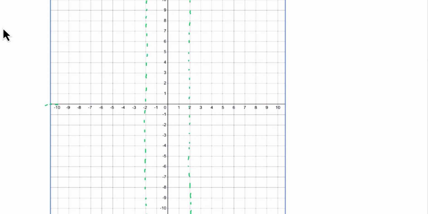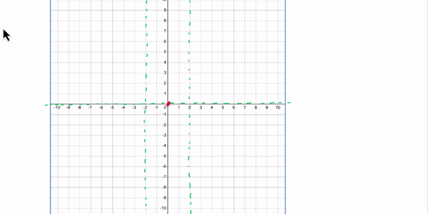We also have that the x-axis is the horizontal asymptote. And we know that the origin is the x and y intercept. But that's really all the points we have from the information that we just found.